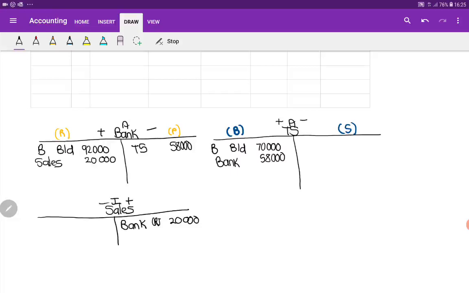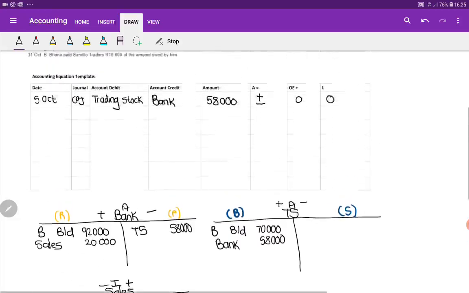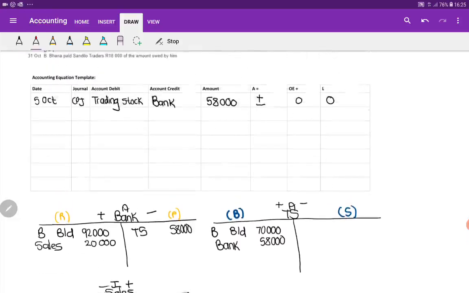So when we show this on the accounting equation and we show the selling price, remember we need to show the selling price and we need to show the cost. So to show the selling price, account debited, bank, account credited, sales. How much did the business receive? 20,000.